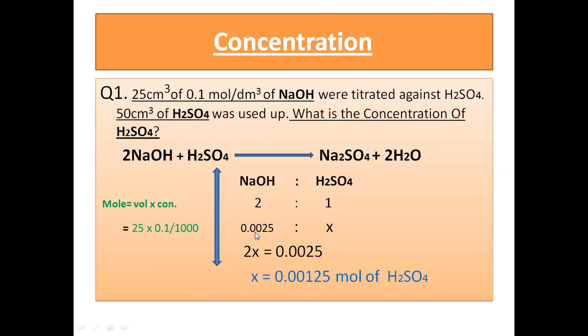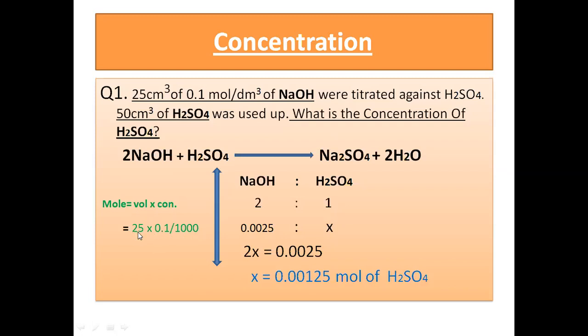In the case of sodium hydroxide, the volume and concentration are given, and with the help of the given volume and concentration, we will change them into moles. We have the formula: mole is equal to volume multiplied by concentration. Volume is 25 centimeter cube, so 25 divided by 1000, multiplied by concentration 0.1 mole per decimeter cube. This 1000 is used to convert the volume from centimeter cube into decimeter cube.